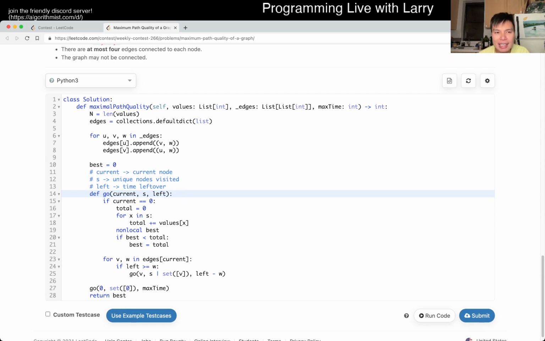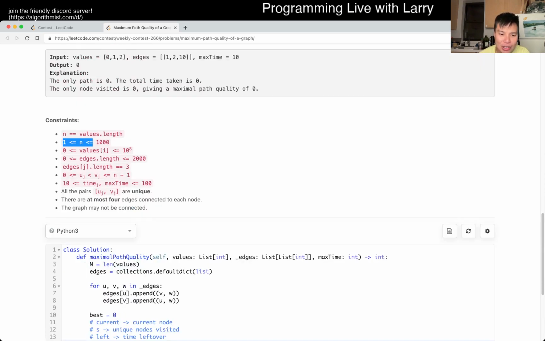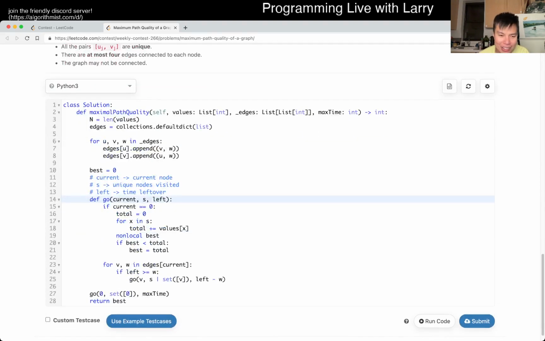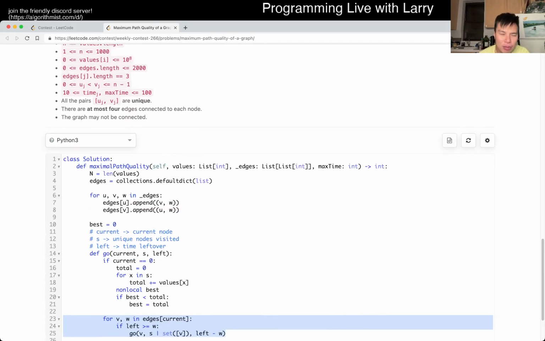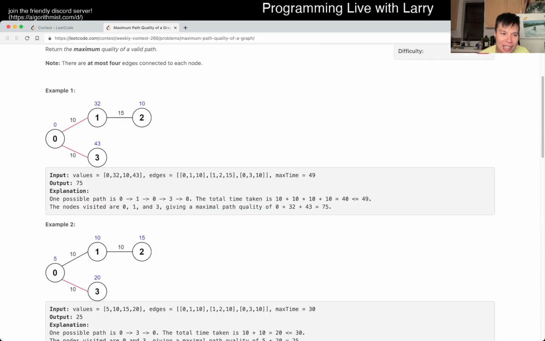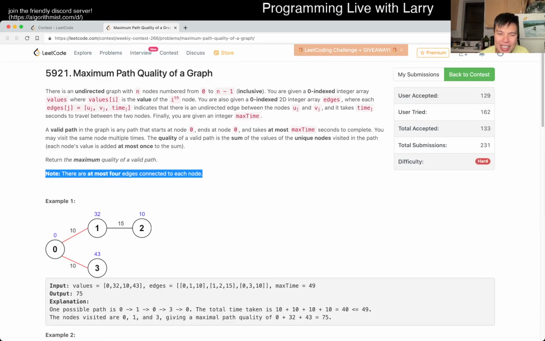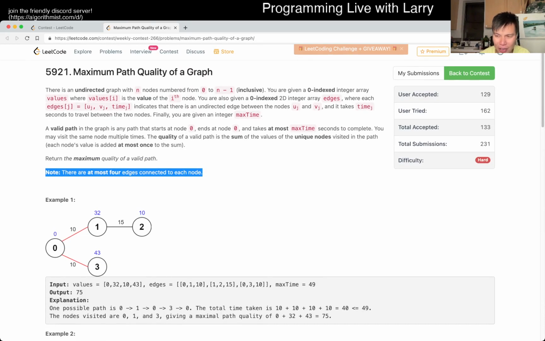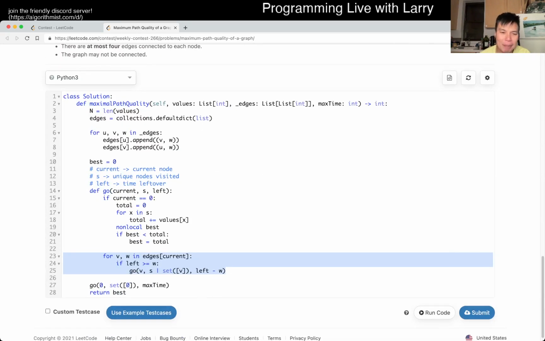So the question is, why is this fast enough? N is 1,000. You're doing some kind of crazy recursive thing. One thing to note from the top is that there are at most 4 edges. Okay, fine. That makes the problem slightly easier, but it's still at worst 4 to the 1,000, right?